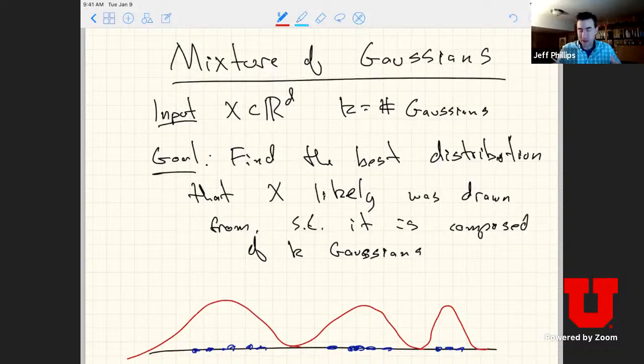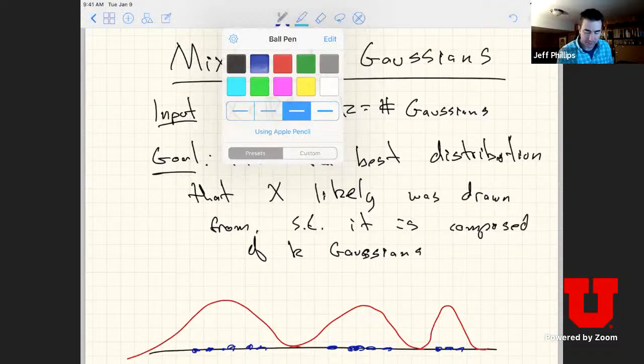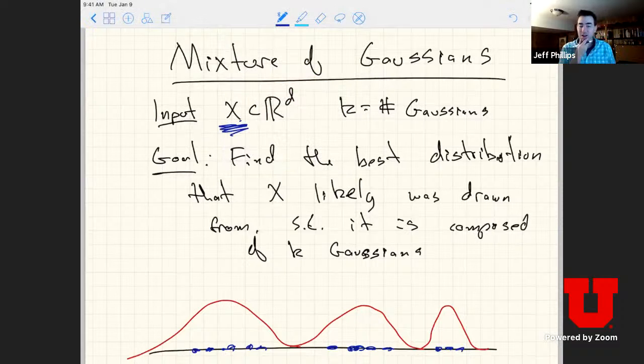You could assume that's how the data was drawn. What is the maximum likelihood estimator of these K Gaussian distributions, given the data I've seen? I'm given this data X, which are the points, and I want to fit 3, or K, Gaussians on top of that, so that they fit the data pretty well.